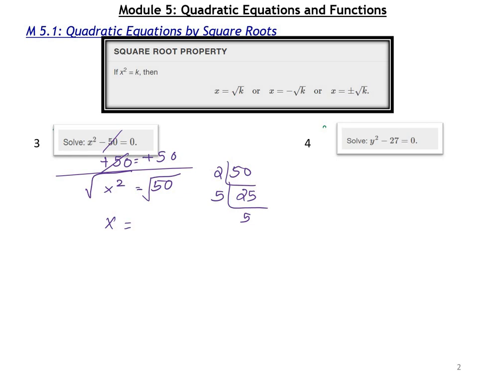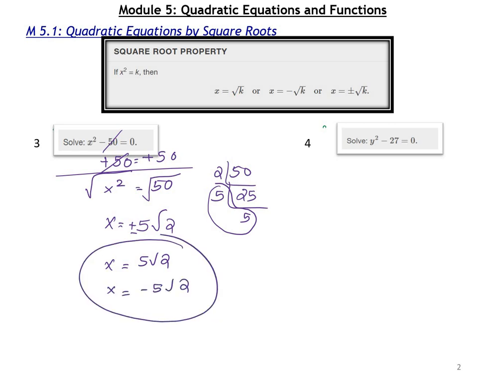It is a square root, so we want to make a group of 2, so 5 square root of 2. And of course, that will be plus or minus, right? Both values are acceptable, so x is equal to either 5 root 2 or x is equal to negative 5 root 2. So these are the solutions of the given equation.